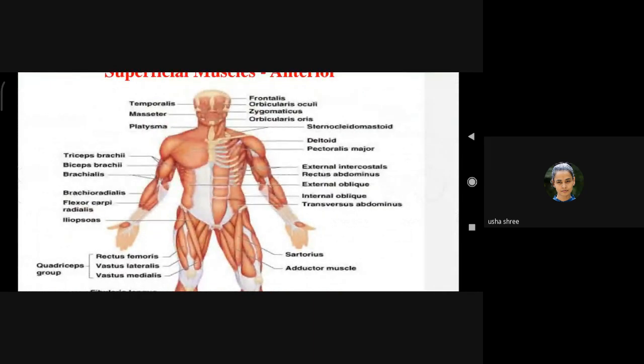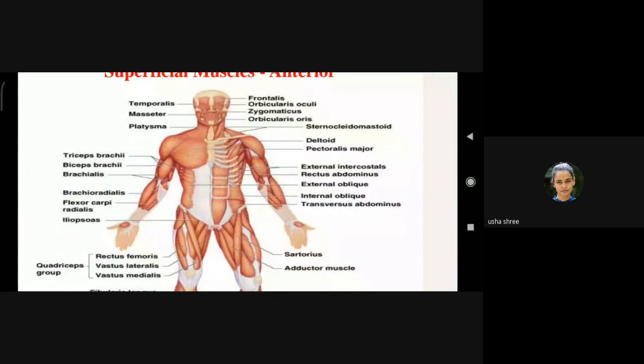And in the abdominal region, you can see the transverse abdominis, internal oblique, and external oblique. Oblique means they are situated not straight, but a bit twisted.